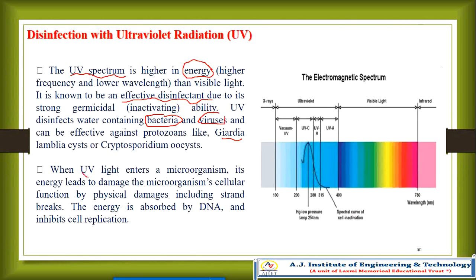When UV light passes through microorganisms, its energy damages them. The damage to cellular function includes strand breaks; the energy is absorbed by the DNA and inhibits cell replication.